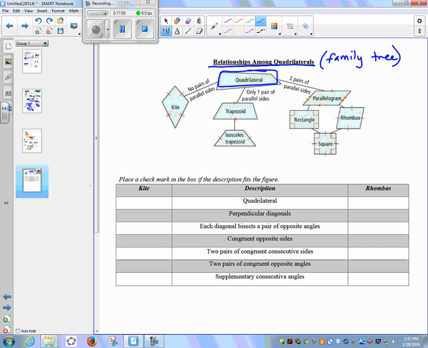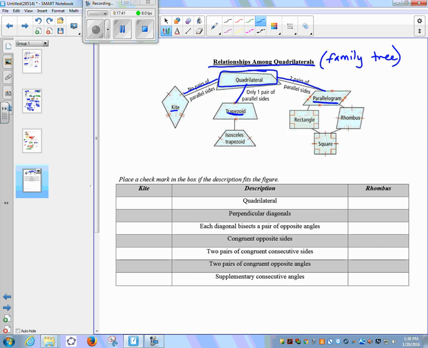You've got 3 basic types of quadrilaterals that come off as branches. You've got kites, trapezoids, and parallelograms. Kites have no pairs of parallel sides, trapezoids have 1 pair of parallel sides, and parallelograms have 2 pairs of parallel sides. So those are the 3 basic types of special quadrilaterals.